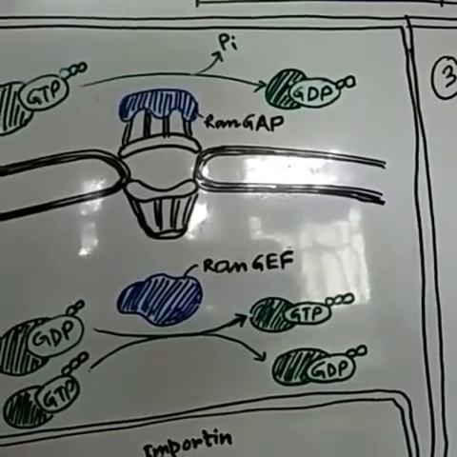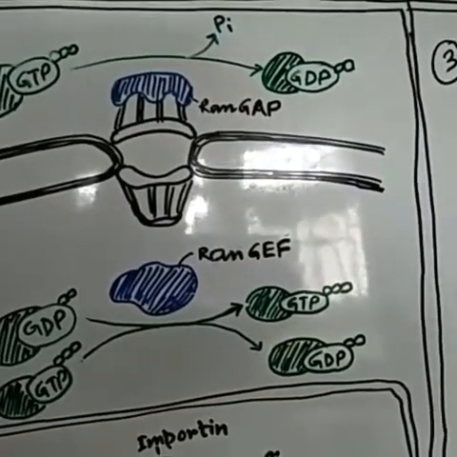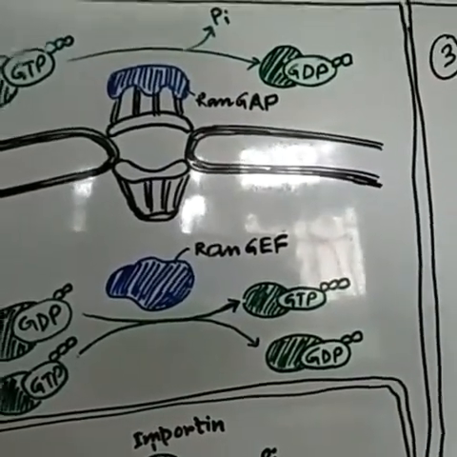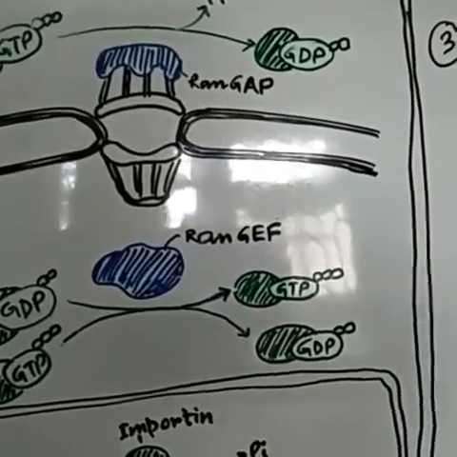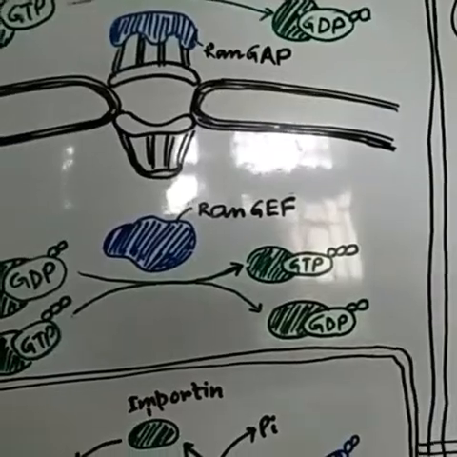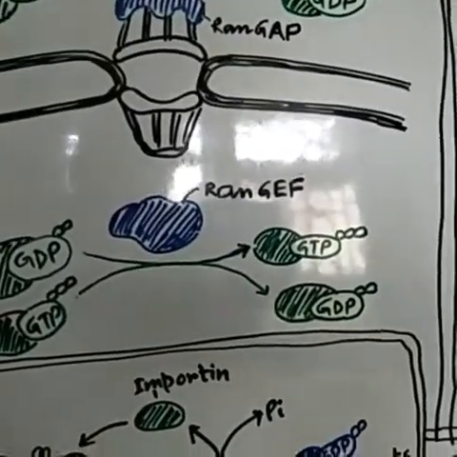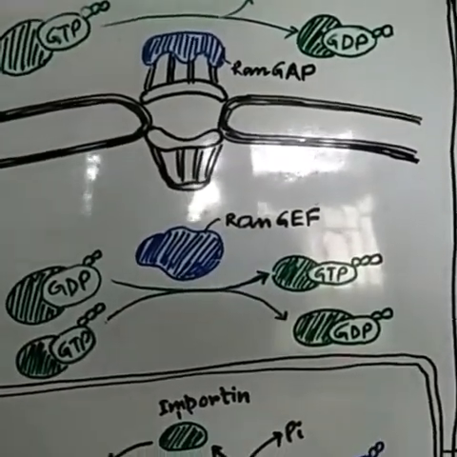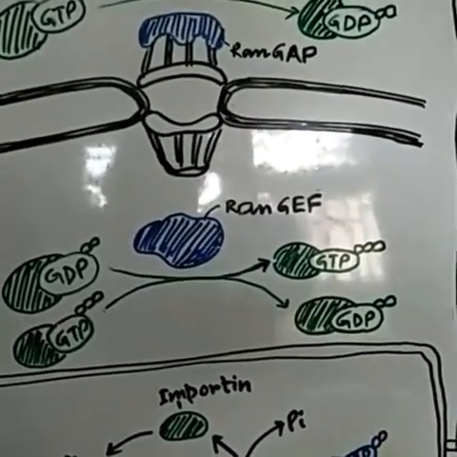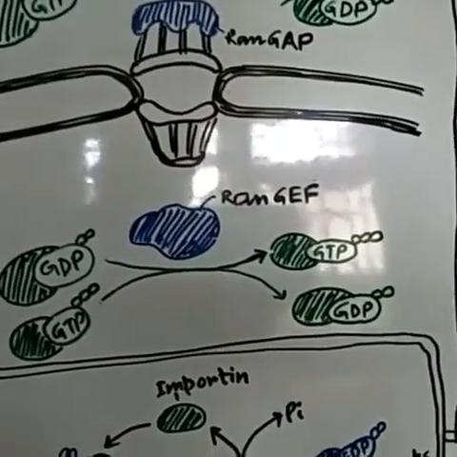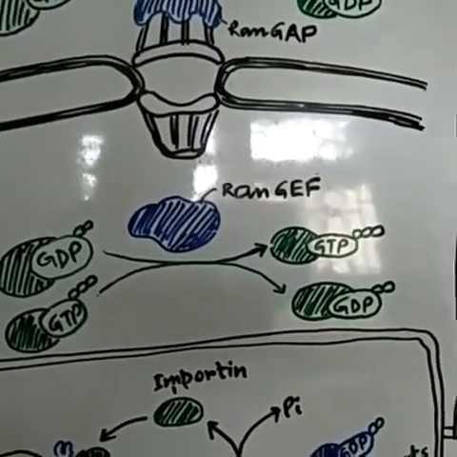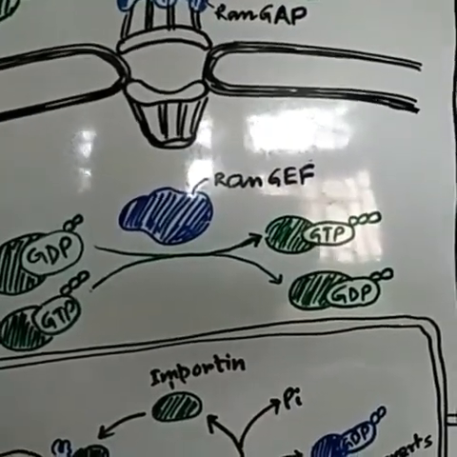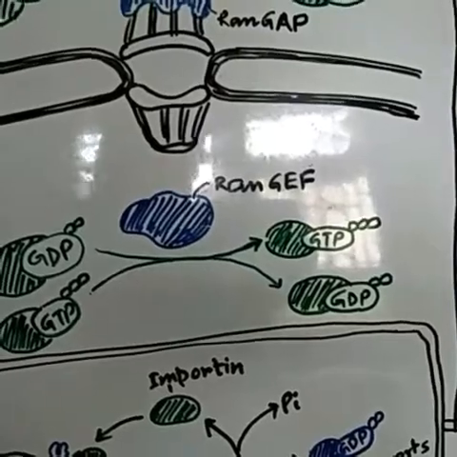Thus the GDP concentration is higher in the cytoplasm, the outer side of the nucleus, meaning the concentration of GDP is higher in the cytosol than in the nucleoplasm. The reverse occurs inside the nucleoplasm, where GDP is transformed into GTP, and thus the concentration of GTP is higher inside the nucleus, and in this reaction Ran-GEF catalyzes the reaction.